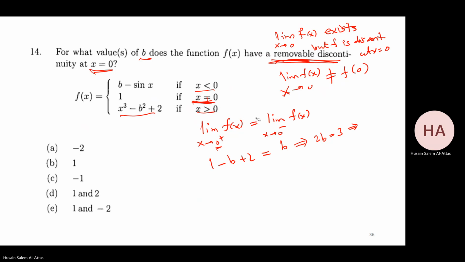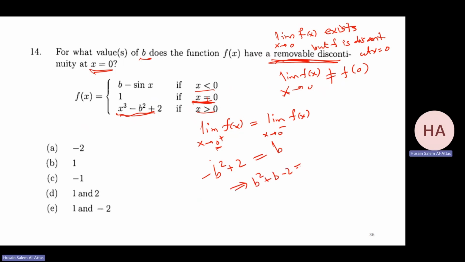Applying 0 here, so it's minus b squared plus 2. And this one, b. So I have b squared plus b minus 2 equals 0. So I have (b plus 2)(b minus 1) equals 0. So I have b equals minus 2 or b equals 1.